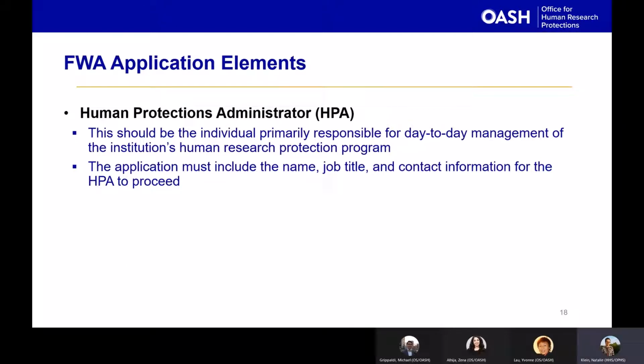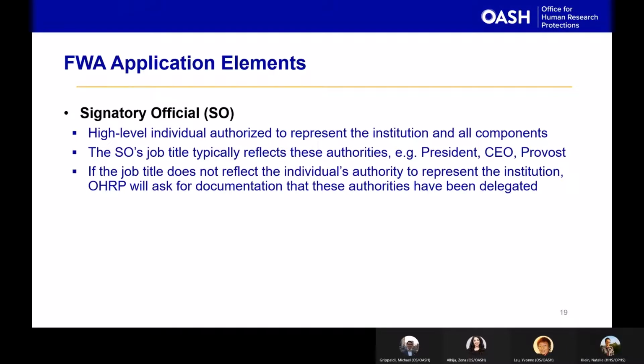In the next section of the application, you will need to name the Human Protections Administrator, or HPA, and provide their contact details. This person should be a primary contact for human research protections at the institution. You will also need to name the Signatory Official, or SO. This should be a high-level official who has the authority to represent the whole institution and all named components.